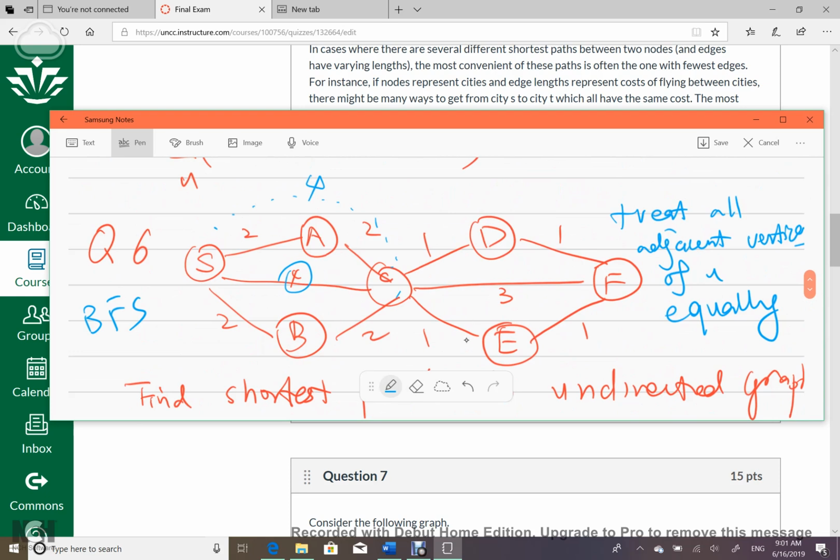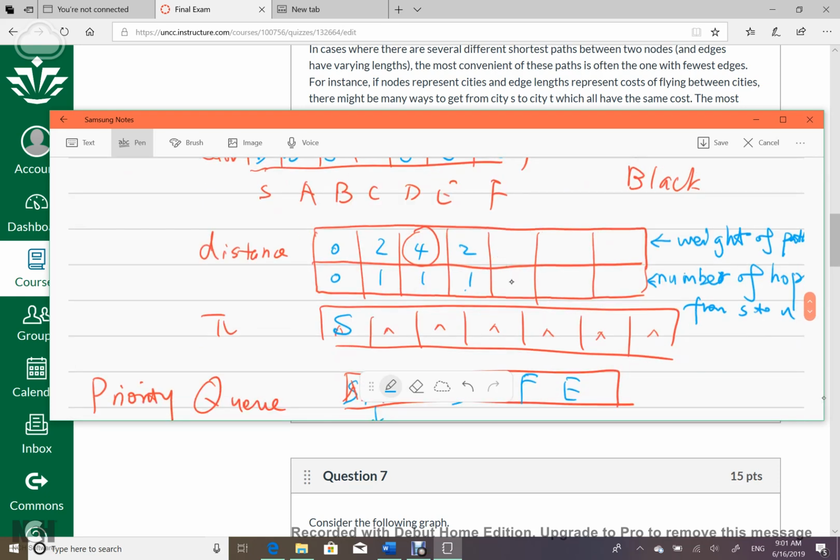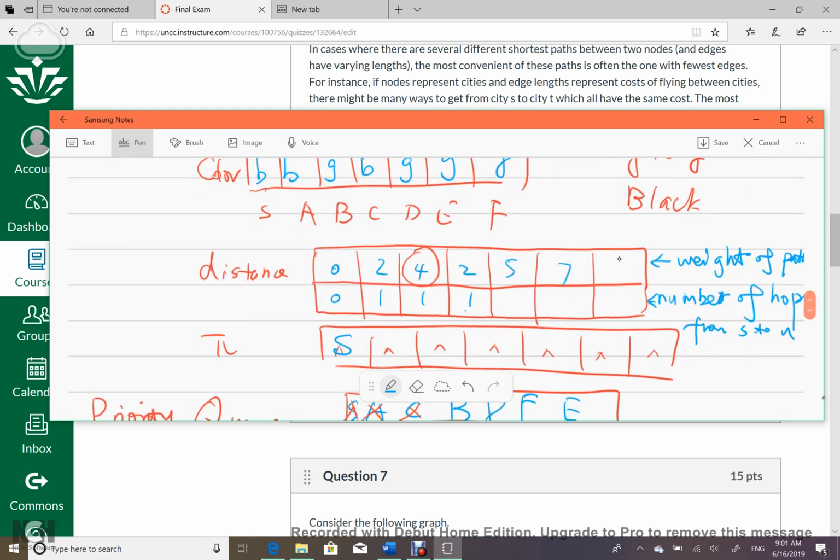It's 1, 3, 1. So you have 5. What is this number? 3, 7, 5, right? This is a 2, based on this one, 2, 2, 2, right? The steps, number of steps, number of hops. And the parent here, I think we need to change this one. This should be S.